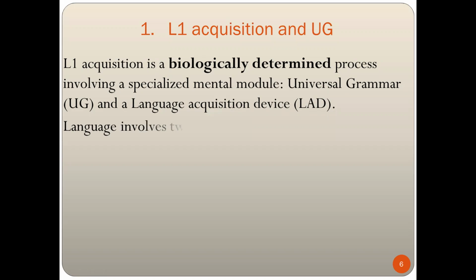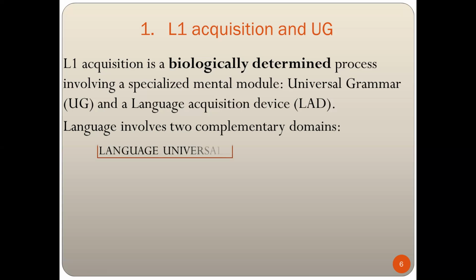The other thing worth mentioning is that, according to universal grammar theory, the language competence that we have involves two complementary domains. One of them is what we call universal grammar, or a set of language universals.